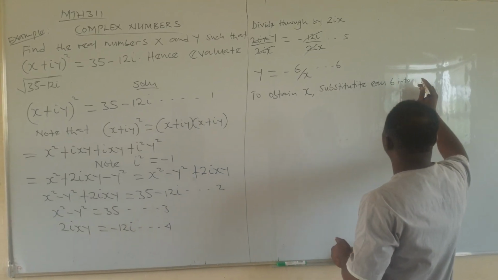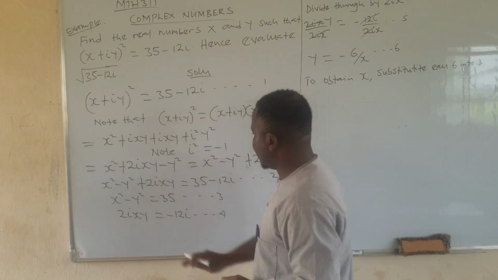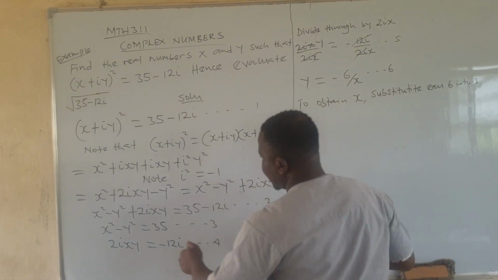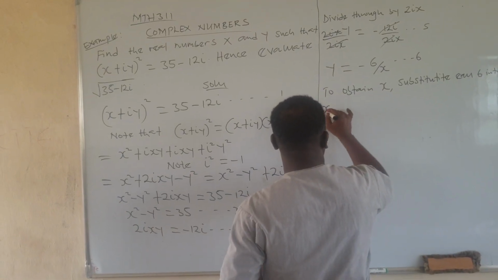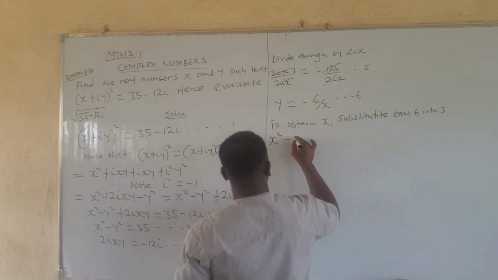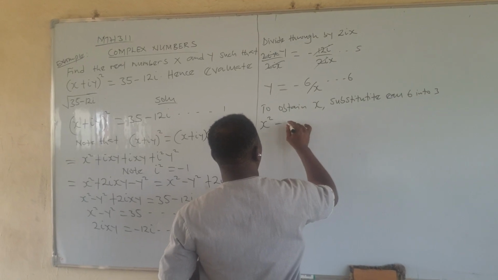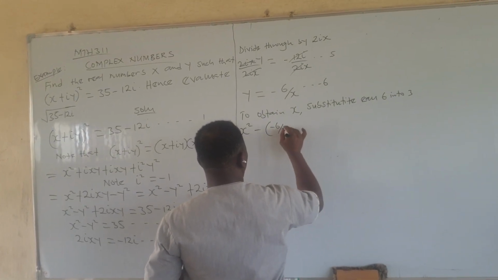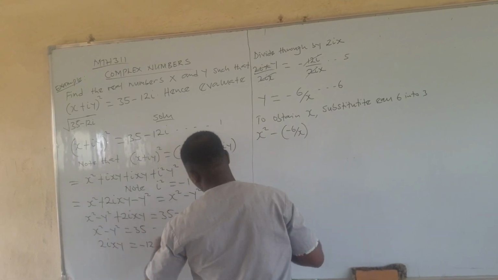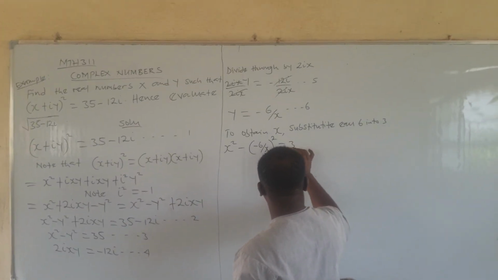Sorry, substitute equation 6 into equation 3. Look at it. It means anywhere you see y is minus 6 all over what? x. So look at it here. We write x squared minus, our y is now equal to minus 6 all over x. So we write minus 6 all over x, all in bracket. Note that here y carries one square. Square equals to 35.